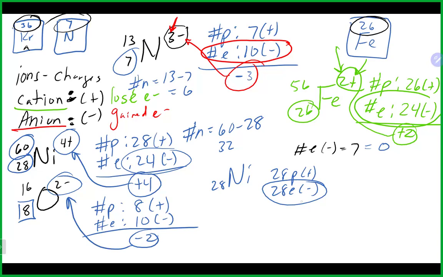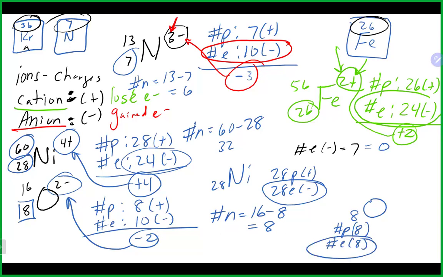Our number of neutrons is our mass number, the top number, minus our atomic number, which gives us 8. In comparison, neutral oxygen would have 8 protons and a matching number of electrons. So here we see our electrons go up by 2, which is what the -2 implies.